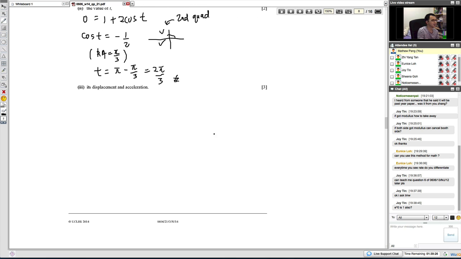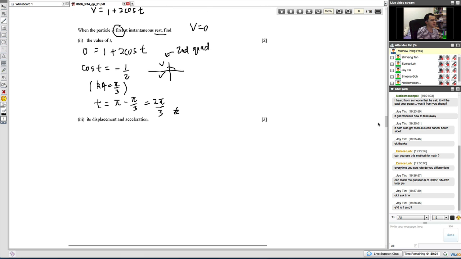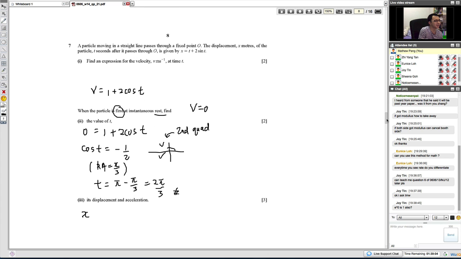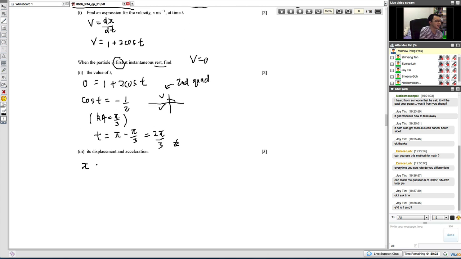Alright, so now displacement and acceleration. That means when v equals 0, the question asks you to find the displacement and acceleration. So I will need to find my displacement. I have the equation for my displacement, which is x equals t plus 2 sine t. When my time is equal to 2 pi over 3, I will substitute 2 pi over 3 into here.